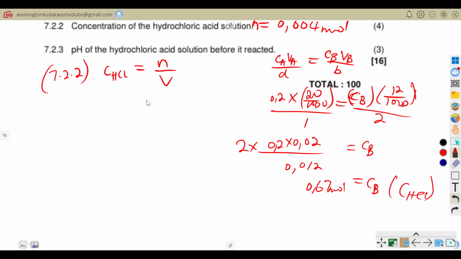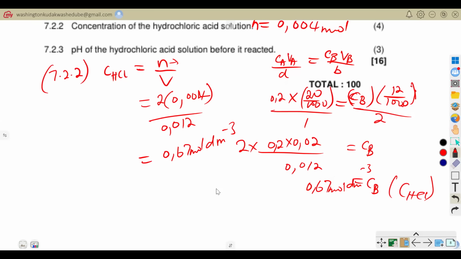If you come here, the number of moles that you found was 0.04, times 2, divided by the volume, which was 0.012. This also gives you 0.67 mole per decimeter cubed.